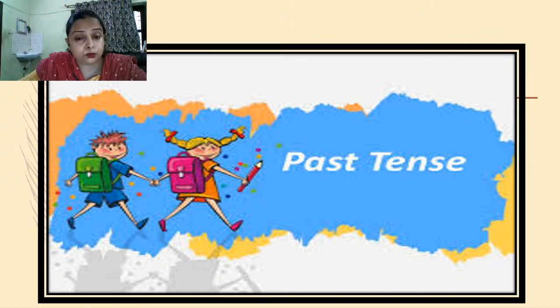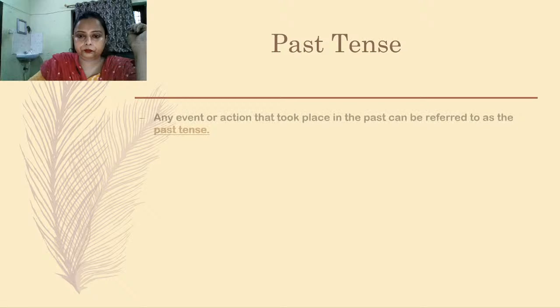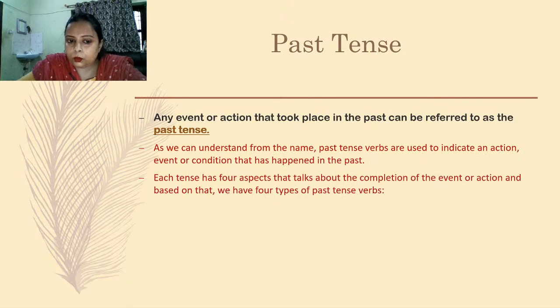So, now let's move on to the next topic. What is a past tense? Any event or action that took place in the past is referred to as a past tense. As we can understand from the name, past tense is a verb that we use to indicate an action, events or condition.